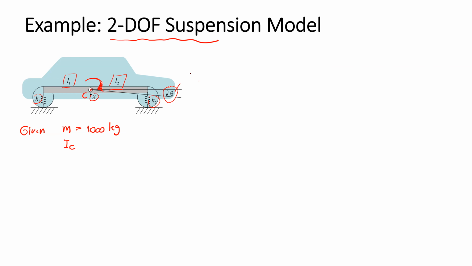So this is the pitch angle. The moment of inertia is about the center of gravity for the pitch motion. Assume that the moment of inertia is m r squared. And the offset r, we may just assume to be 1 meter. So it means that if the vehicle has a mass of 1,000 kilograms, the moment of inertia will be m r squared.